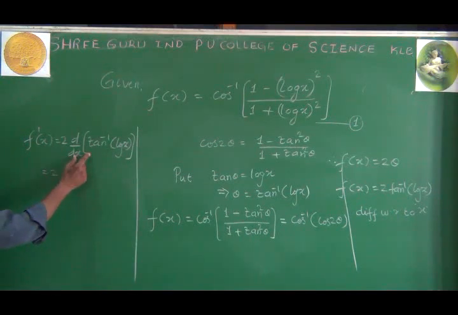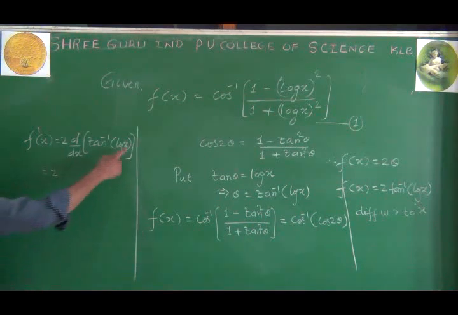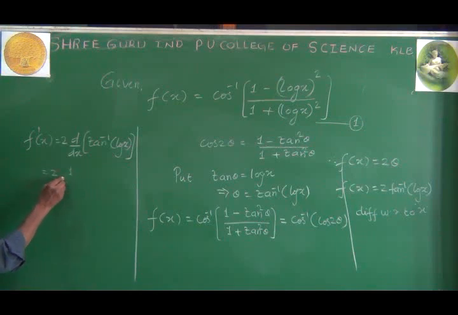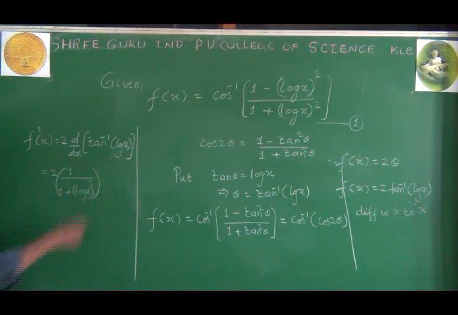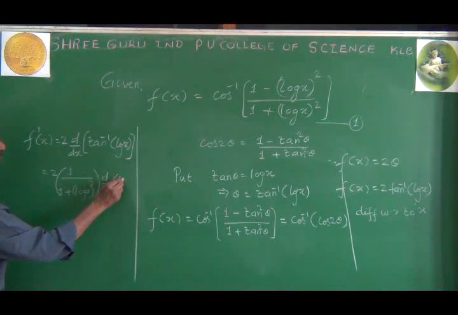It is just like differentiation of tan inverse of u, whose formula is 1 by 1 plus u square into du by dx. Here u is log x. On that basis, the answer is 1 by 1 plus log x whole square, which is not sufficient, because we must multiply by du by dx, that is d by dx of log x.